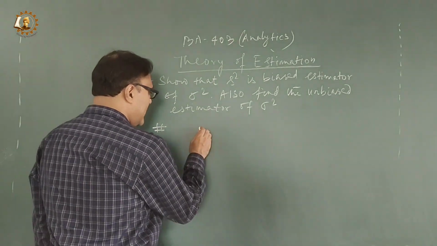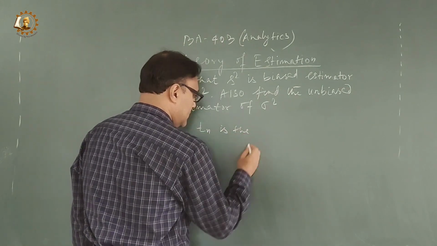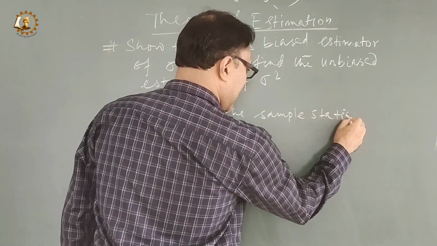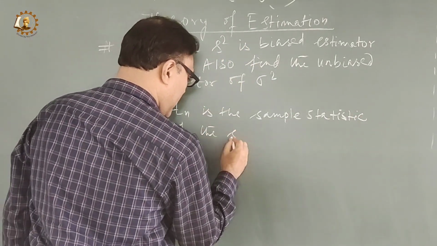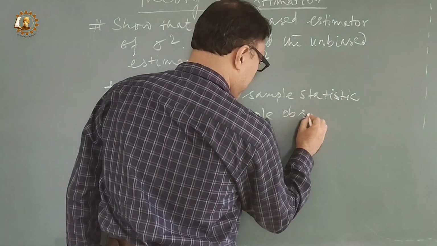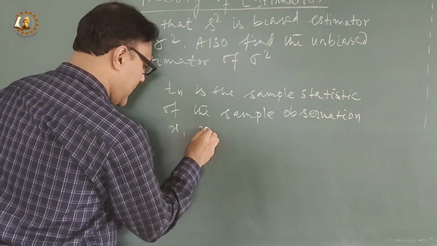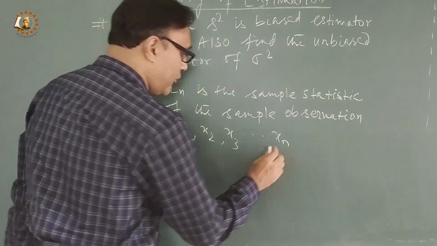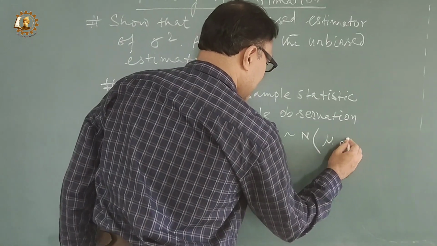For example, if Tn is a sample statistic of the sample observations x1, x2, x3, xn, which is taken from a normal distribution with mean mu and variance sigma square.